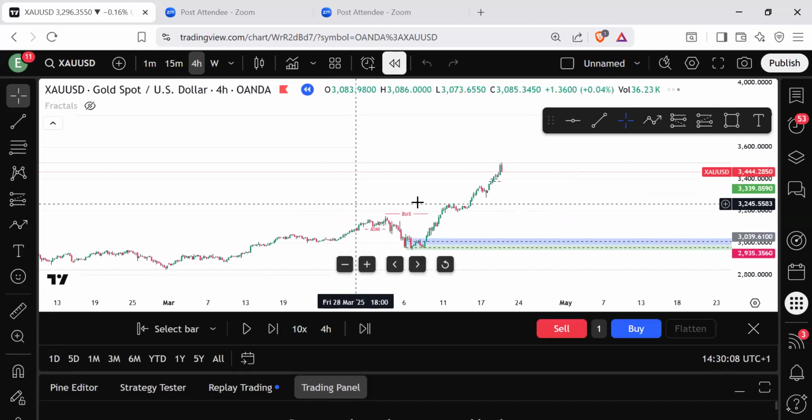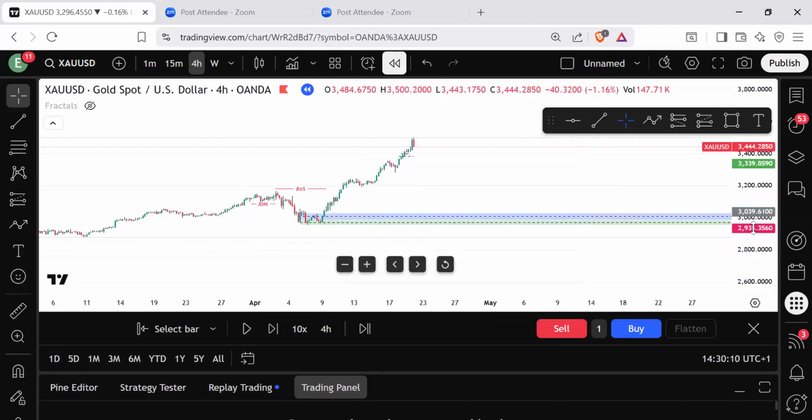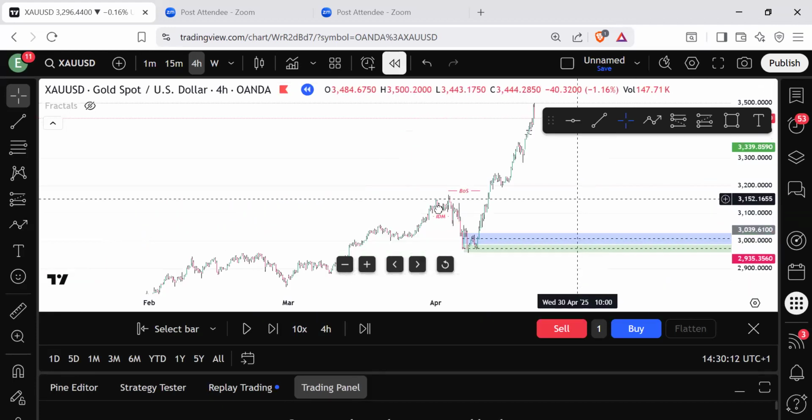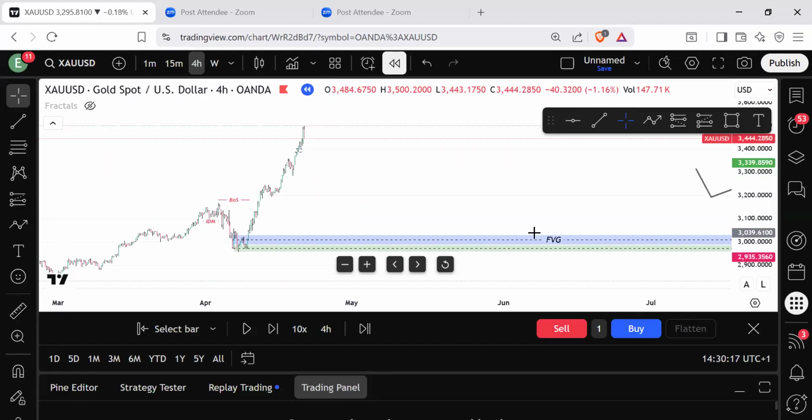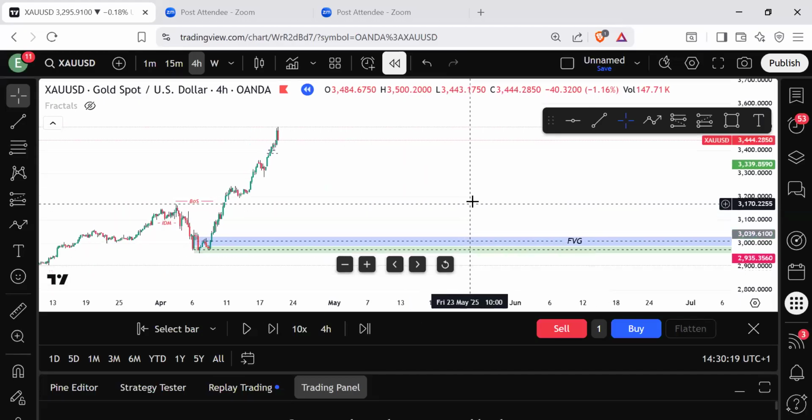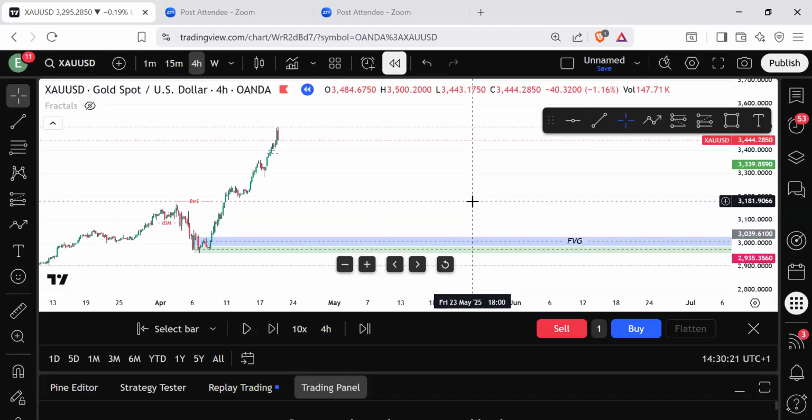Yeah, and this is the scenario, for example. So if this is the case, what's the question?